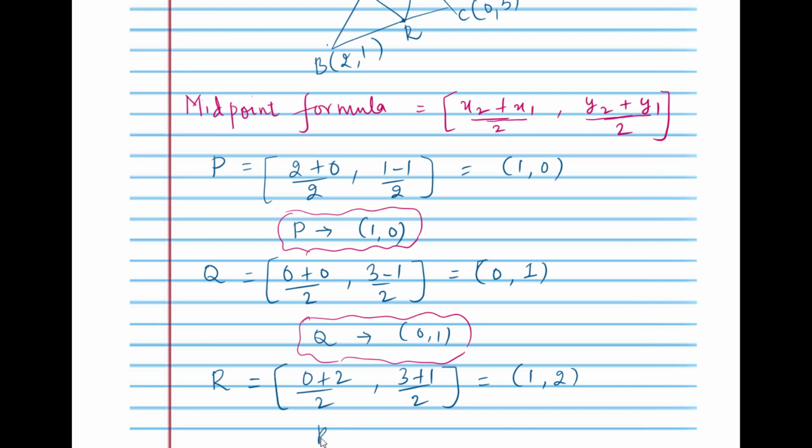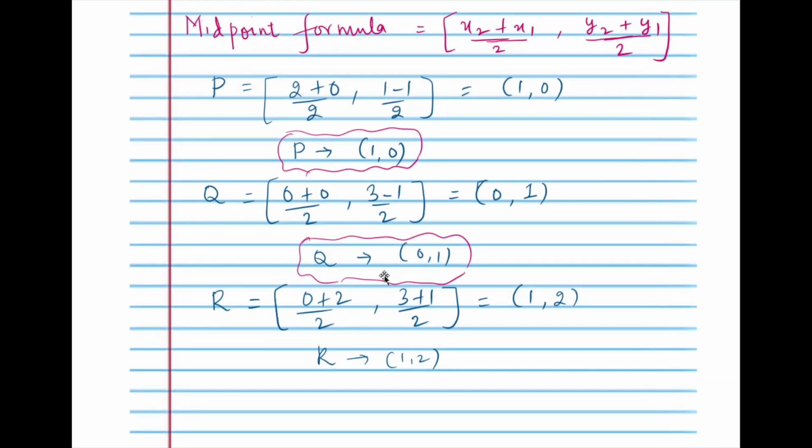Therefore the point R is (1, 2). Now put it in the box. Point R is (1, 2).